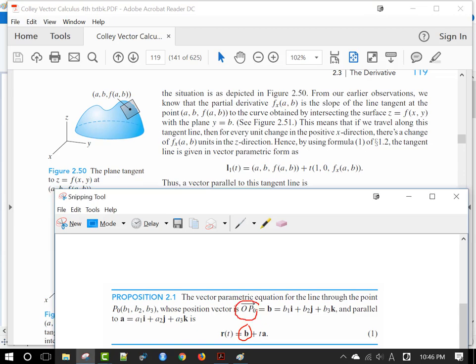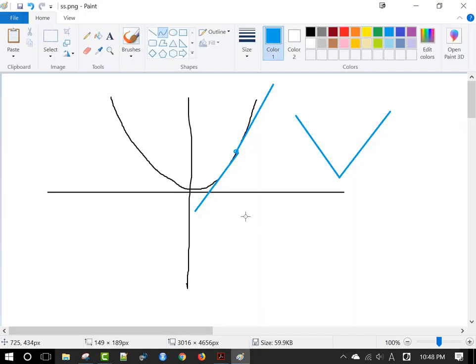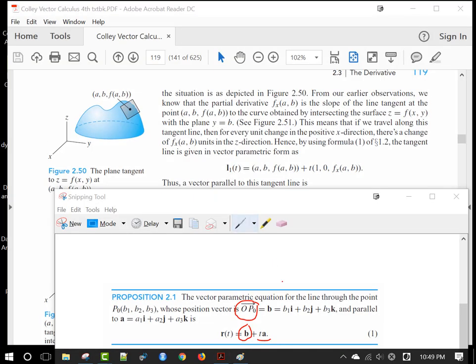So our point is this point here, here's b, was the point in the other example. And then we need tA, and remember here's the t, and then the A is supposed to be a vector parallel to our line.